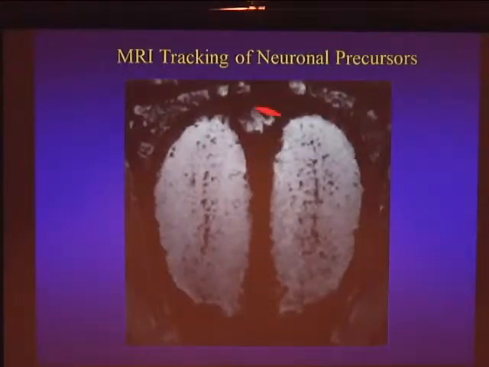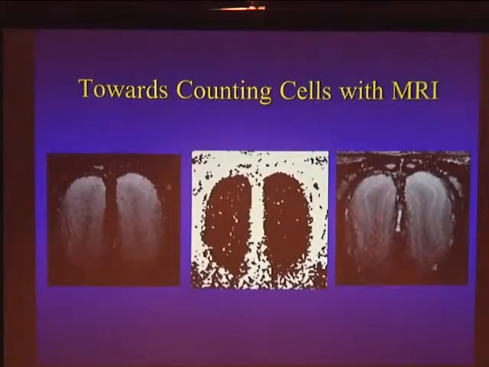So here's a 50 micron image, James Sumner's work, now through the olfactory bulb, and everywhere you see a dark spot, boom, boom, boom, is a cell that got from the subventricular zone through the rostral migratory stream to the bulb. And I talked James into being crazy enough to literally count the cells in normal animals and in animals that had been odor enriched for a couple of weeks.